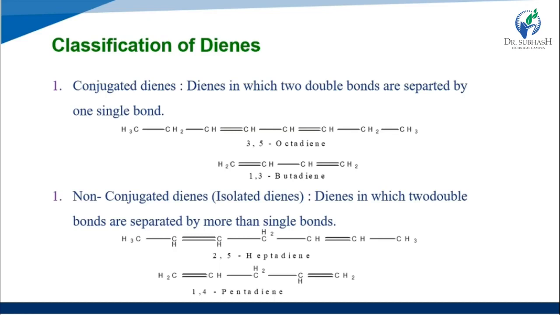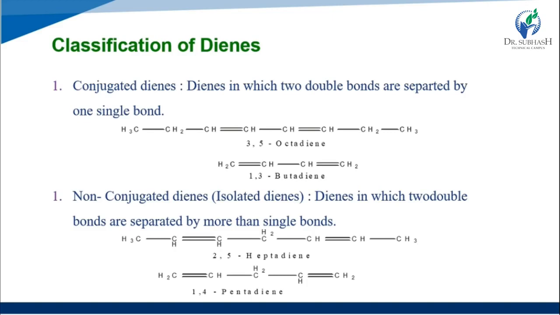Second, non-conjugated dienes, also known as isolated dienes. These are dienes in which the double bonds are separated by more than one single bond. Not one but more than one single bond, two or three single bonds separating the two double bonds.